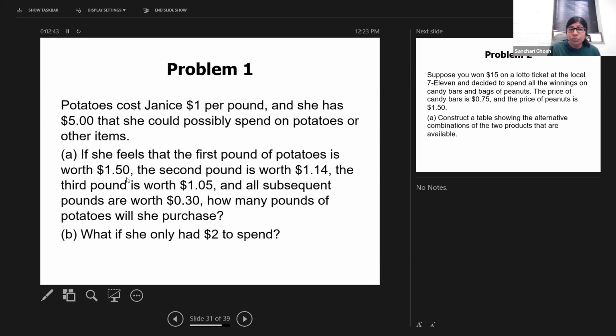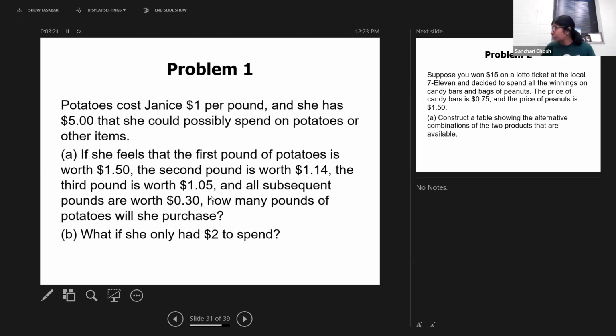If the first pound is worth $1.50 and her marginal cost is just $1 per pound, she will get the first pound, right? And she will also get the second and the third pound for the same reasons. The marginal cost is $1, the marginal benefits are greater than $1. So she will continue to 3 bags of potatoes, because all the subsequent ones cost $1 but the marginal benefit is only 30 cents. So she will stop at 3 bags of potatoes.